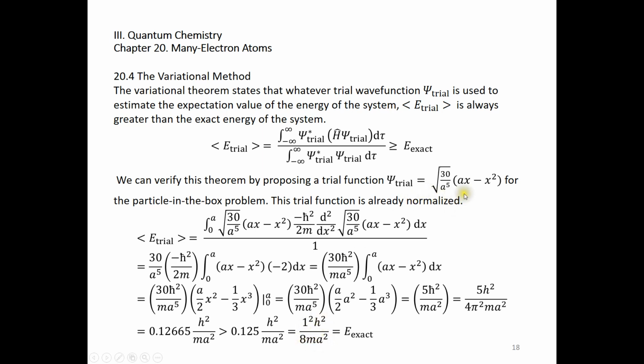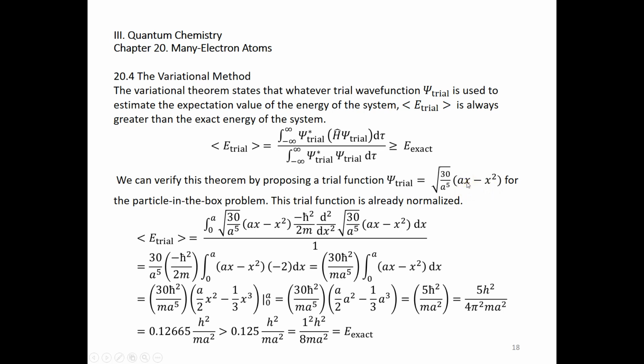Alright, but now let's propose a trial function like this. The reason we propose this kind of trial function is because when x is 0, the trial wave function is 0. When x is equal to a, the trial wave function is also 0. So at least when we propose ax minus x squared, this wave function becomes 0 at the two boundaries.